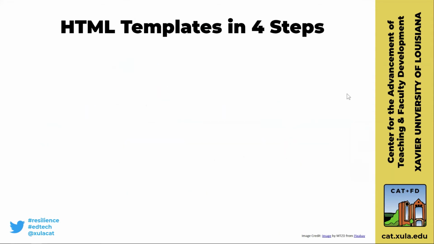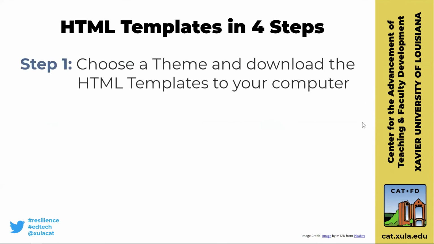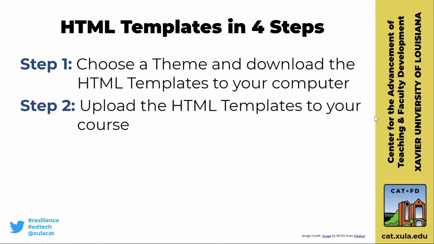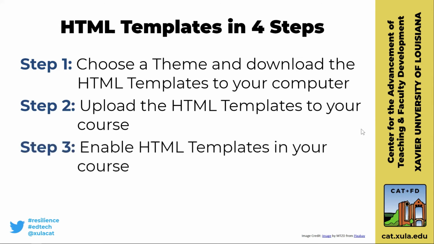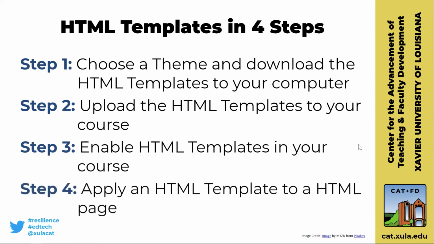So basically, to get HTML templates into your course, it's 4 steps. Choose the theme and then download that template you want, put it on your computer. Upload that HTML template to your course. Enable that template in the course by going to settings in the content area, and then apply it to a page.